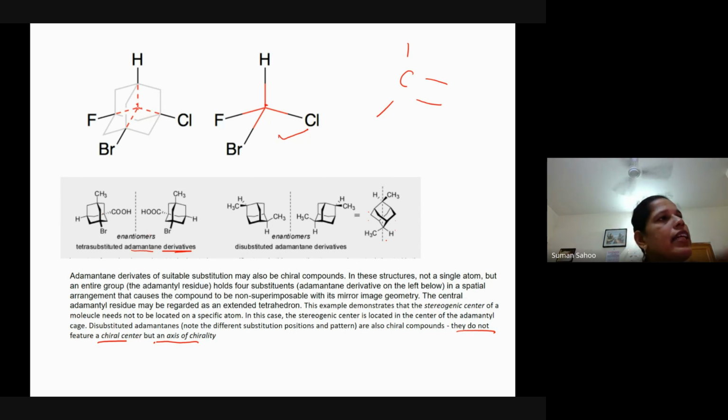Actually, that again comes in unit 6, so I have kept pseudo asymmetry and molecules with three or more chiral centers for that unit. We will discuss it in our next class, that is tomorrow, in unit 6. So I am not repeating it here.